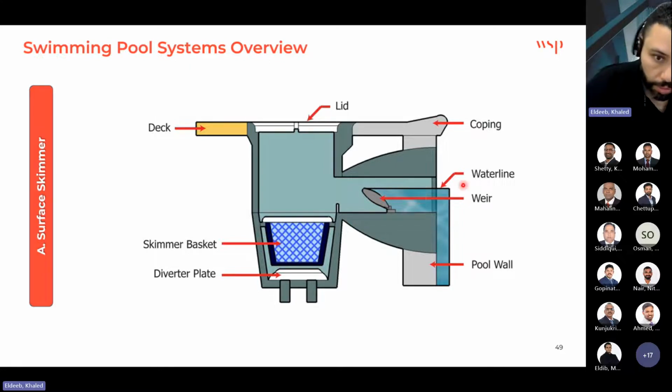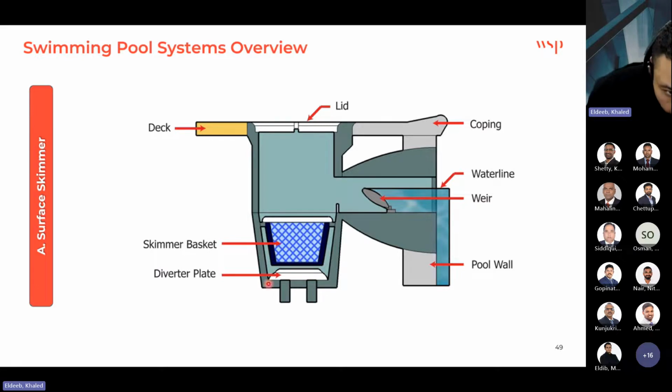So once we have debris and the water level goes up, it opens and allows the debris to get inside, and then it will be sucked by the pump from here. Okay, and it will get trapped in the basket here, and they keep accumulating, and then the maintenance team opens this clean-out lid, and then cleans the basket and returns it back clean again. Okay, so this is a skimmer basket.